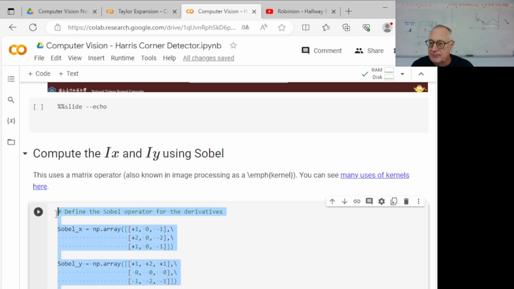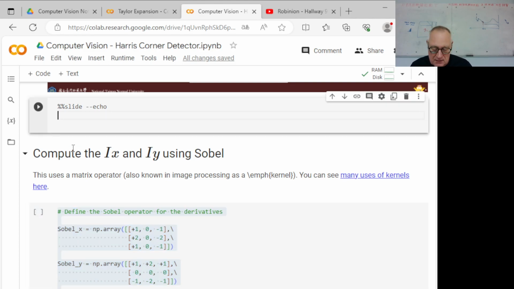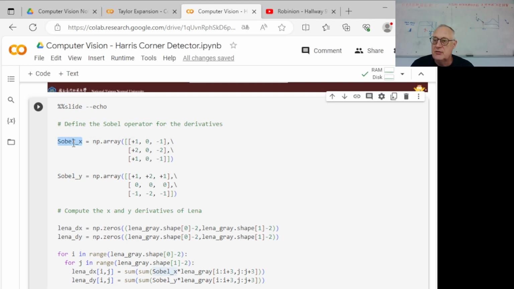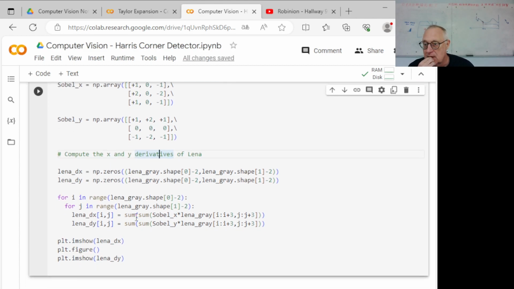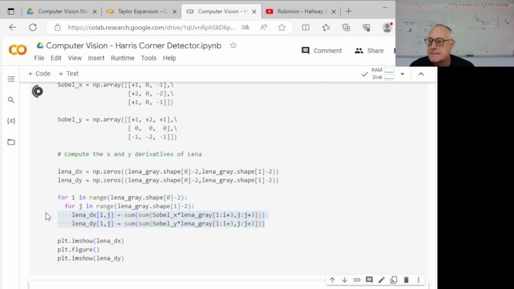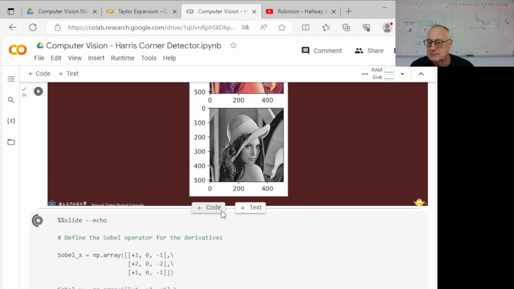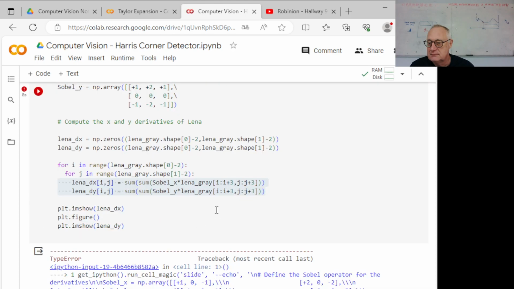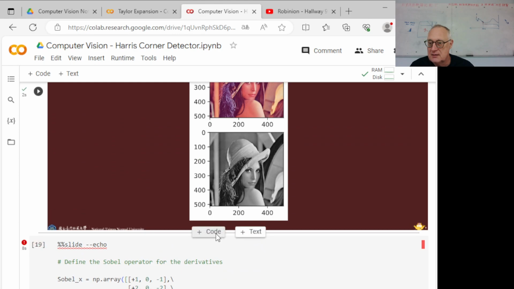First, we apply the Sobel edge detector in X and Y. So here, this is implementing the convolution from scratch, like without using any libraries. Which is why that is a little bit slow.